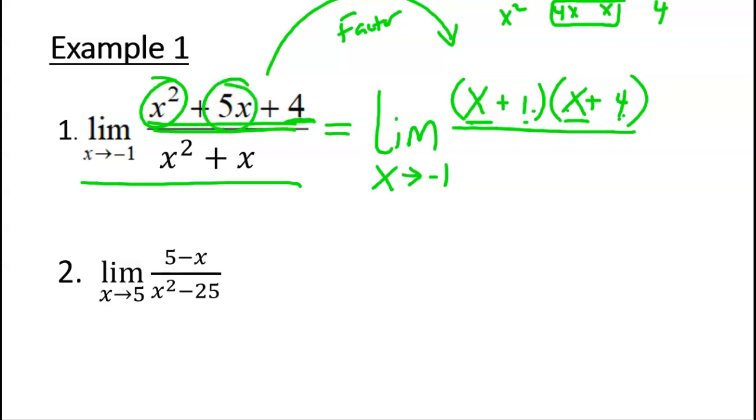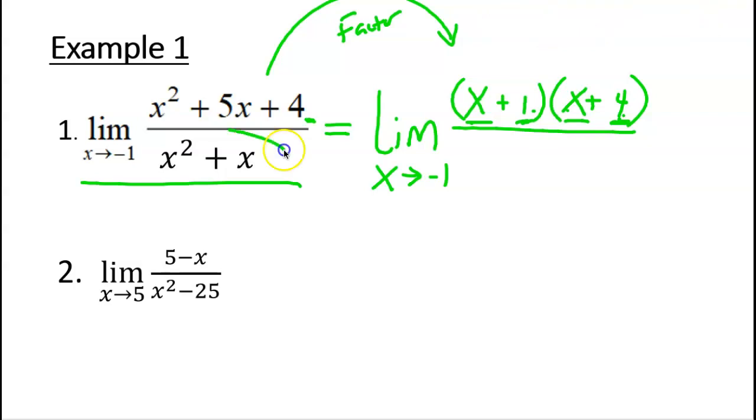If you don't, you did something wrong. That's how I knew that this wasn't going to be 2 and 2, because I did some quick mental math. If both of those were 2, I would not have ended up with the correct middle number after FOILing it out. So that's a quick little review on factoring trinomials. If you factor that, you end up with x plus 4 and x plus 1. All right.